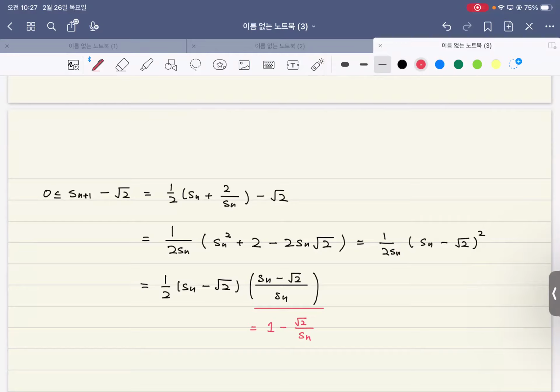But you know that S_n is always greater than or equal to square root of 2. So this number is always less than or equal to 1, so this entire factor is less than 1. Therefore, this is at most 1 over 2 times S_n minus square root of 2. Because this number is less than 1, this guy must be bigger than this.